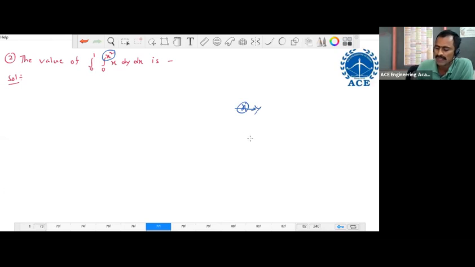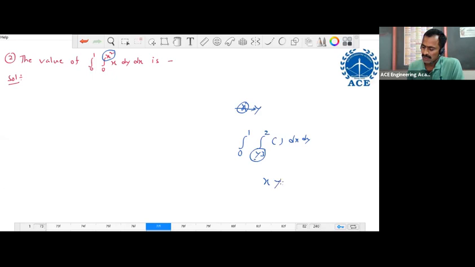Suppose we have something like integral 0 to 1, y cube, some function, dx dy. In this integral, for the first integral limits are constant, for the second integral limits are variable limits only. The lower limit is a function of the variable y, so these limits are for the other variable x.